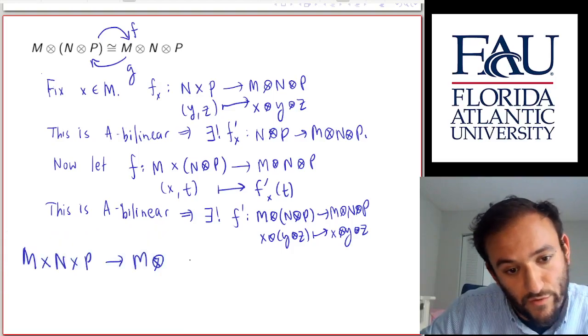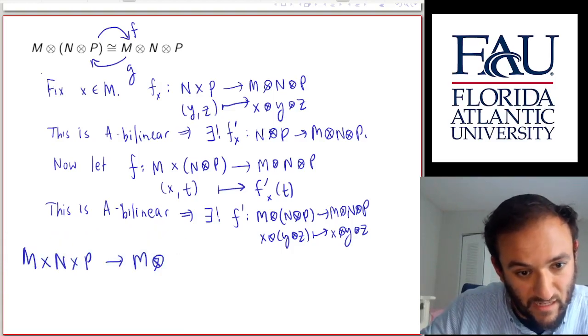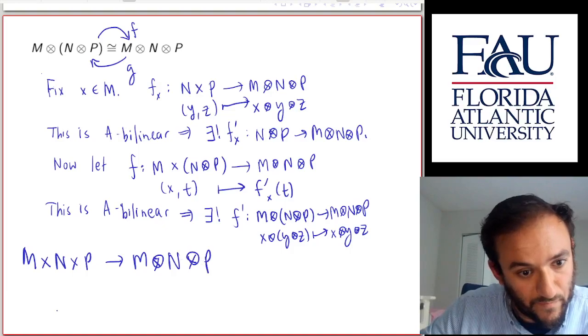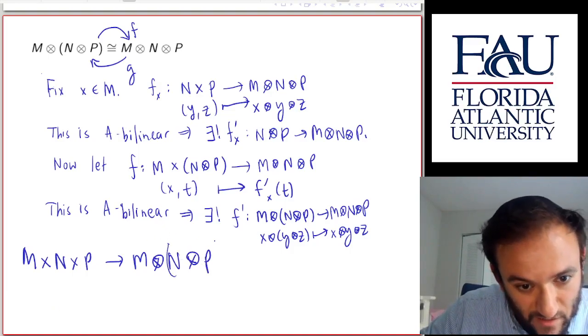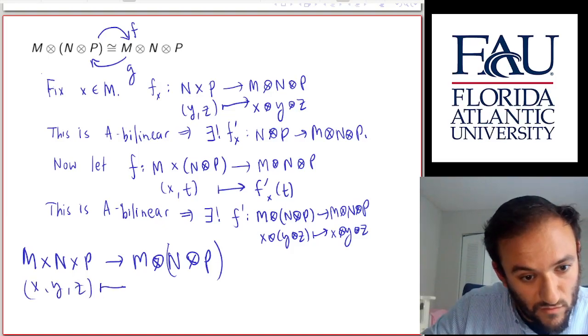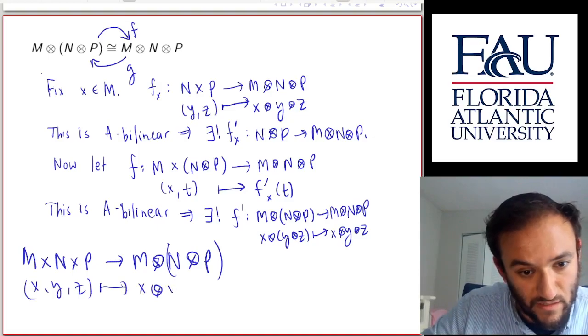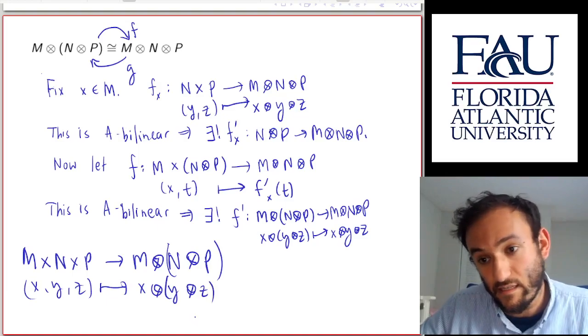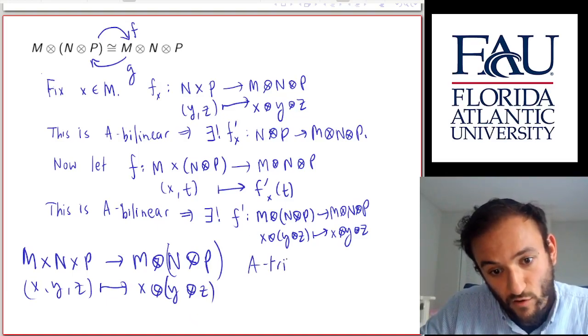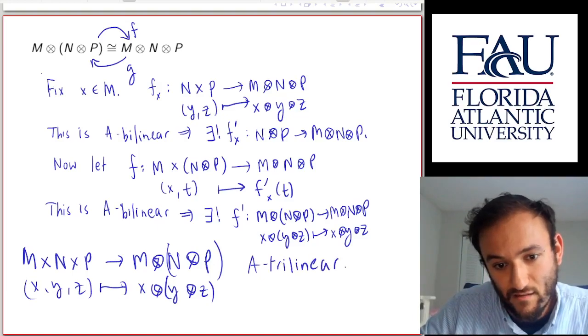Okay, so if we take the map sending M cross N cross P to M tensor N tensor P, which sends x, y, z to x tensor y tensor z, it's plain to see that this is linear in every coordinate, or trilinear in this case.